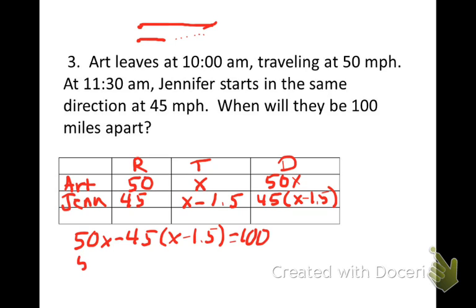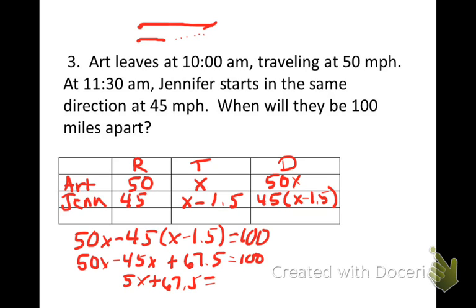So when I distribute, I get 50x minus 45x plus, because I'm taking a negative times a negative there, notice, I'm going to get 67.5 equals 100. So that's 5x plus 67.5 equals 100.